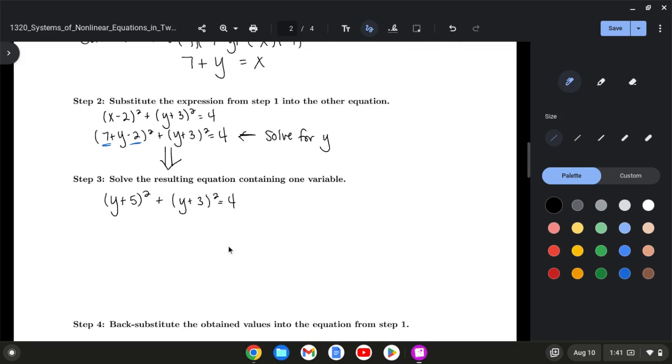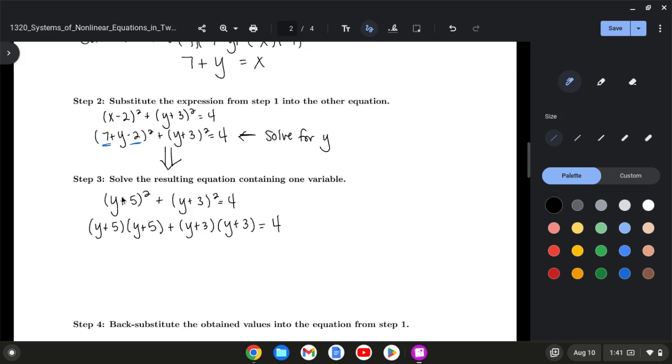Another key algebraic property that we talked about earlier in the semester: we have this expression y plus 5, and the whole thing is being squared. That means we have y plus 5 times y plus 5. Just like with our y plus 3, since that's being squared, we have y plus 3 times y plus 3.